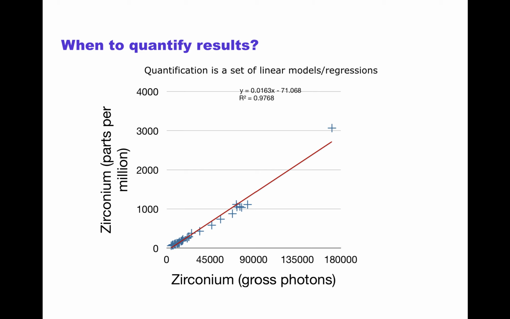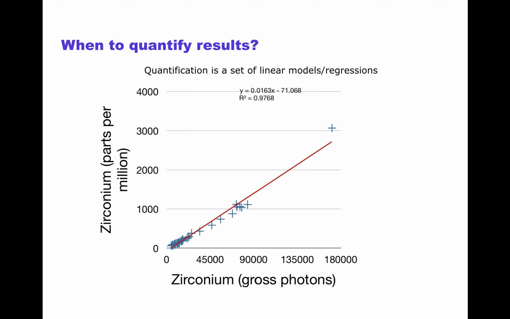We can read this as Y, or zirconium in parts per million, equals 0.0163 times the number of zirconium photons minus 71 parts per million. In this case, the R-squared value, 0.9768, or for short 0.98, is quite good.